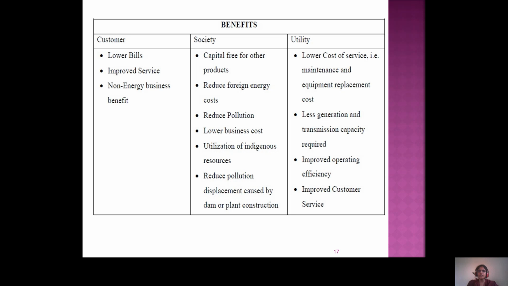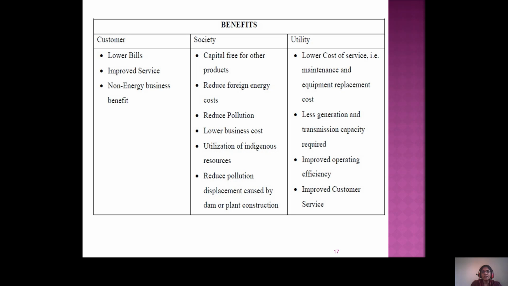When you take the utility point of view, it will be lower cost of services, that is maintenance and equipment replacement cost, less generation and transmission capacity required, improved operating efficiency, and improved customer services.